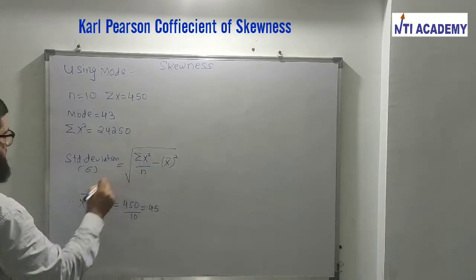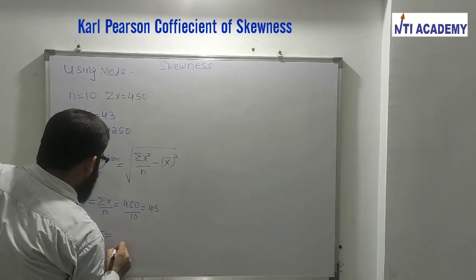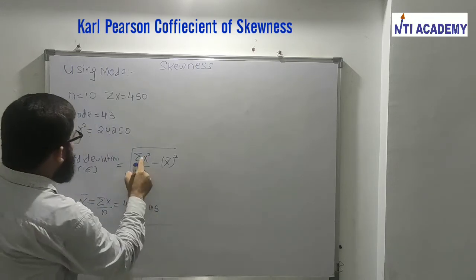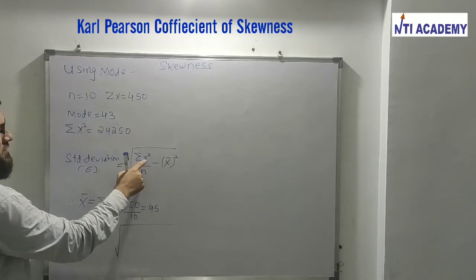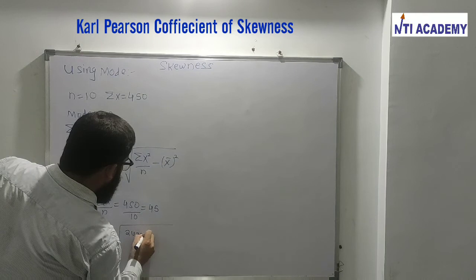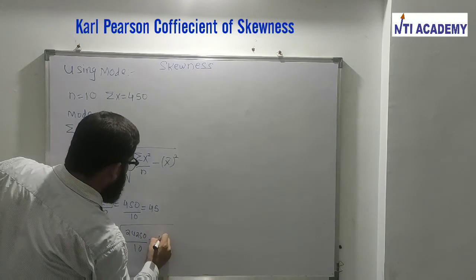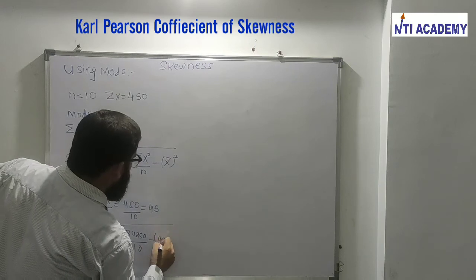Now we'll substitute in this. Therefore sigma will be equal to the square root of, we have been given the summation of x square, that is 24250, divided by n, that is 10, minus the 45 square.